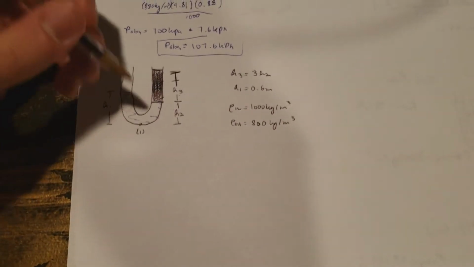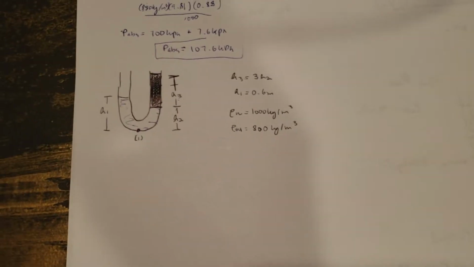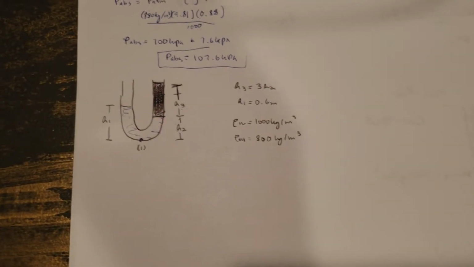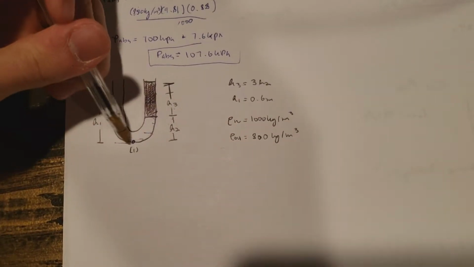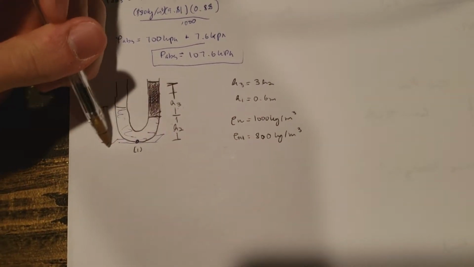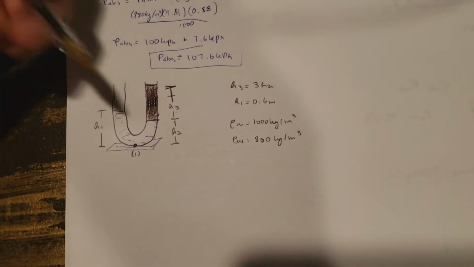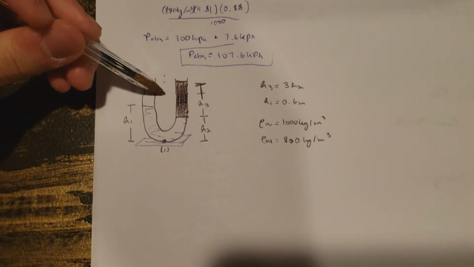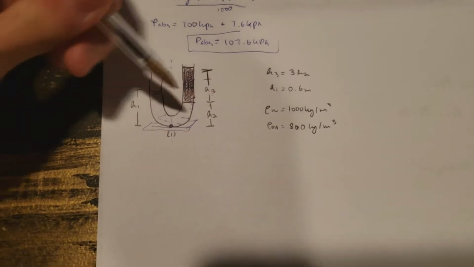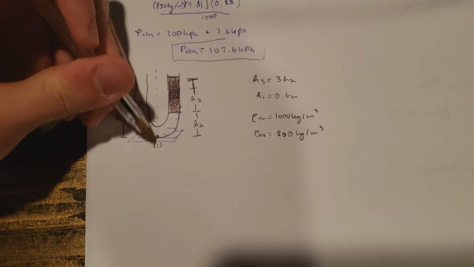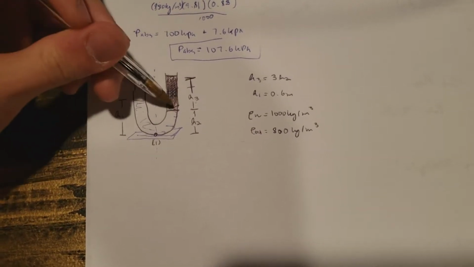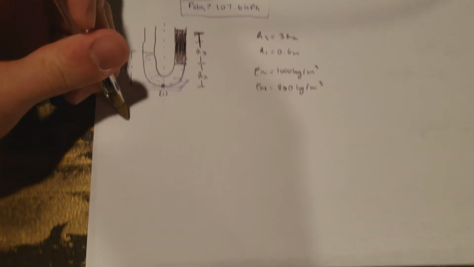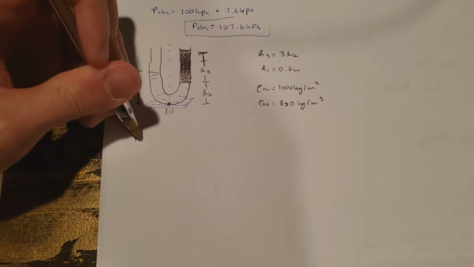So what this problem does, I like it, is it integrates what we went over in the first section, talking about the idea that pressure is across. You got to think of pressure as a cross section, right? So if we split this up in half, we know that the pressure at point 1 has to be equal from this side and from this side as well, which is great because we can set up 2 equations.